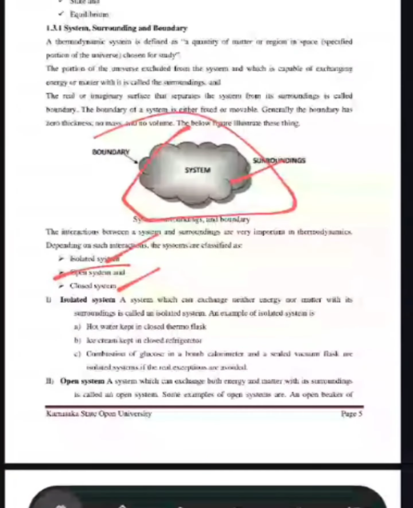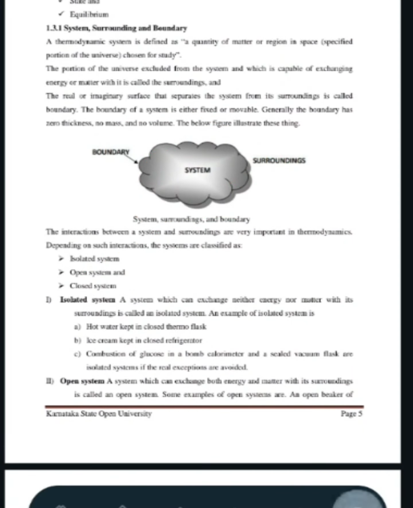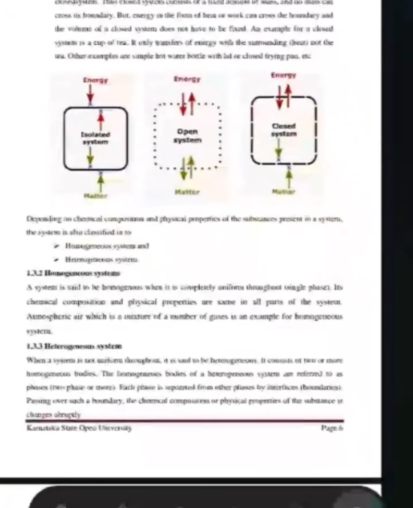So this is with respect to systems. These are the basic terms which we are going to use further. One more important thing is the homogeneous system and heterogeneous system.